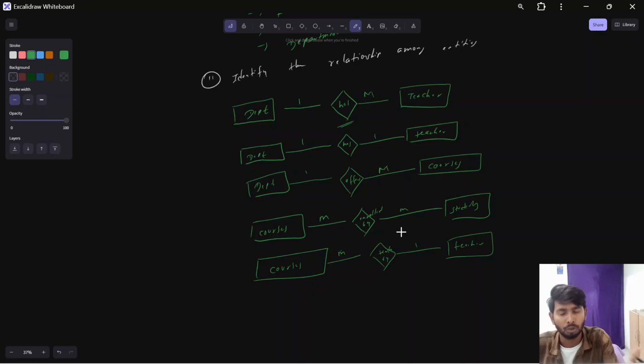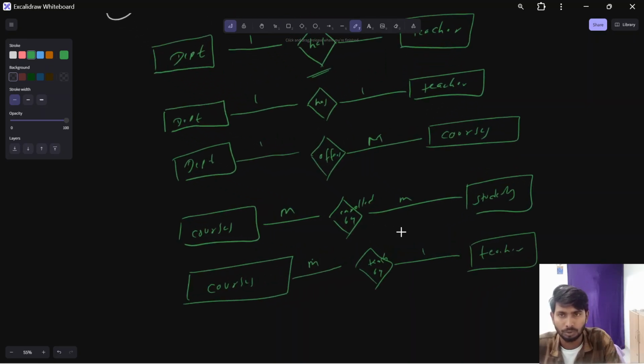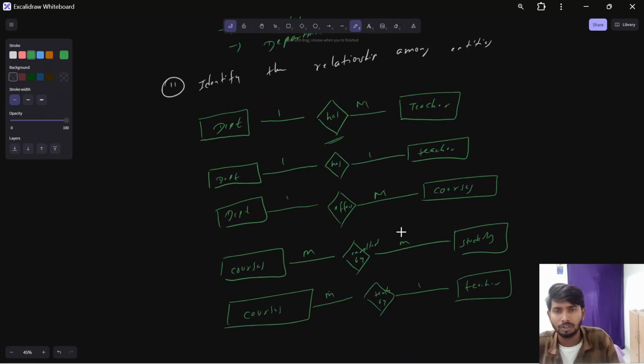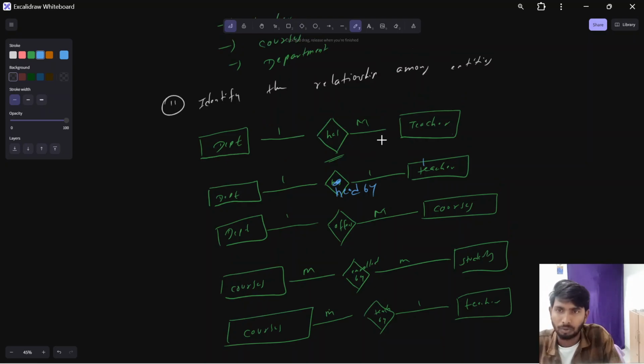You can add one more thing, no issue, but right now we do this. Department headed by one head teacher. And department offers many courses, enrolled by many students. Many courses taught by one teacher. Next, what do we have to do?